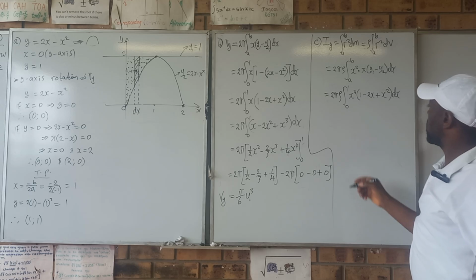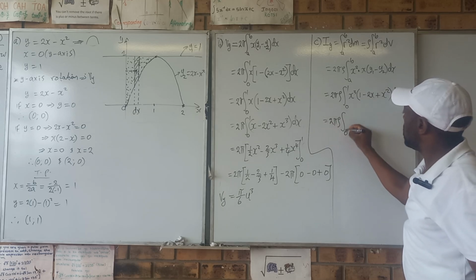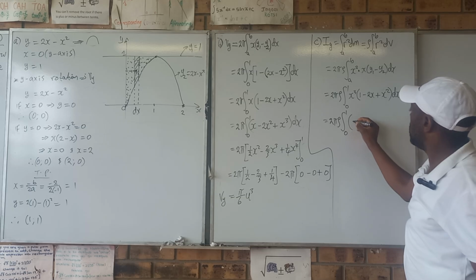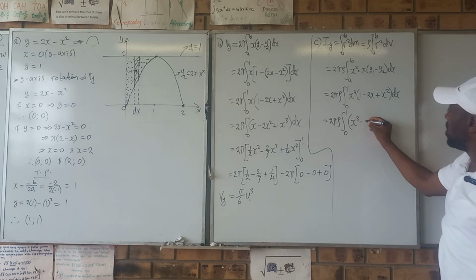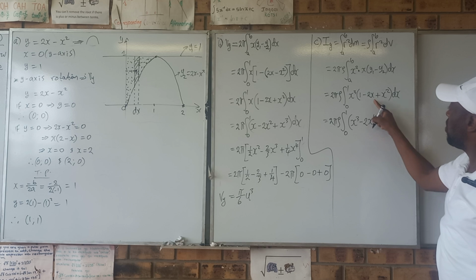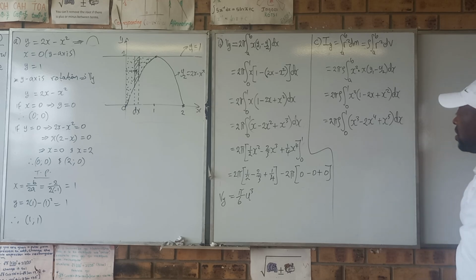Then I can open my bracket. So if I open my bracket, I get my 2 pi density, the integral from 0 to 1, that will be leading me to x cubed times 1 minus 2x to the power 4, then plus x to the power 5, dx.